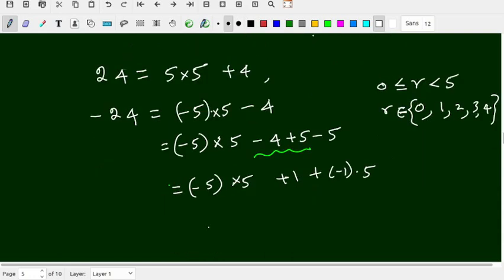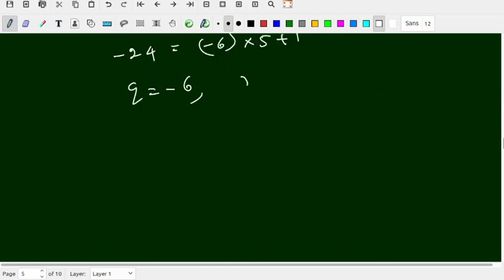From the first and last term, we have minus 6 into 5 plus 1. Now in the place of R we have 1. So in this division, quotient is minus 6, remainder is 1.